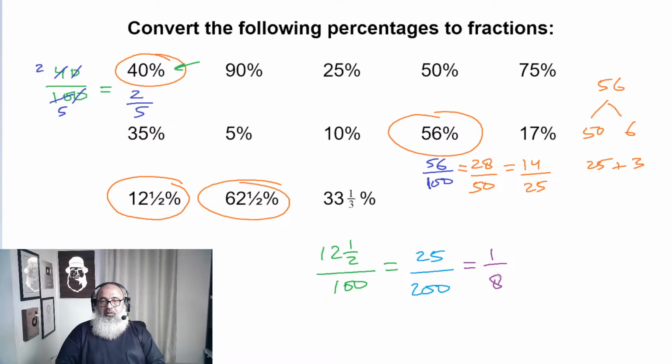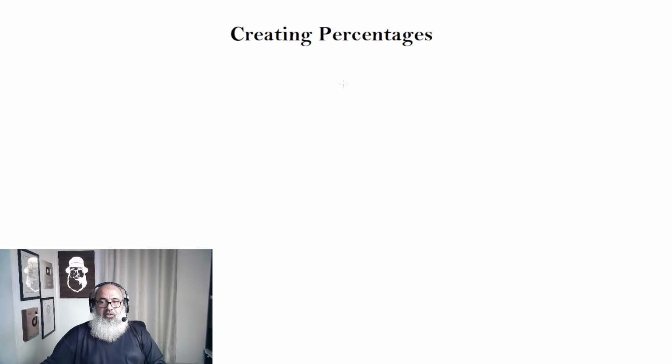So here we have to create percentages. What does that mean? That means we have a fraction and we want to convert it to a percentage. In the beginning we'll do very easy ones that have the denominator 100 or any factor of 100.